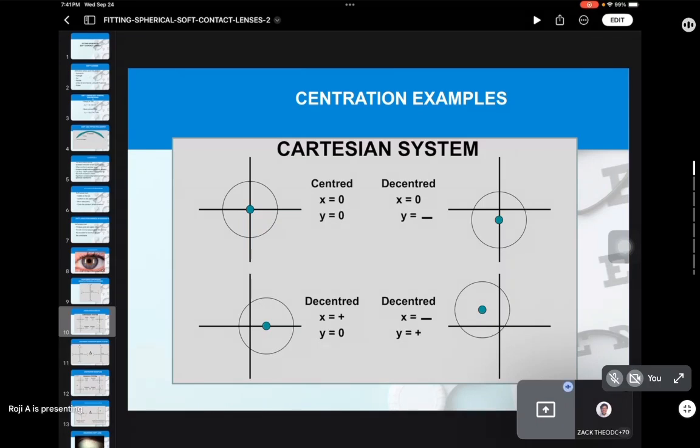And if it's decentered superiorly and temporally, in that case, you have x as negative and y positive, and then the value. In our example, we use 3.